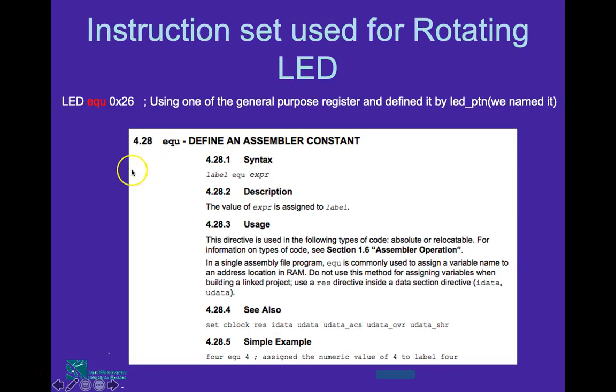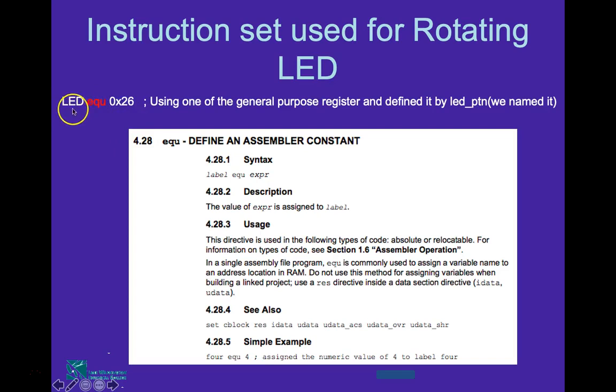Now the next thing is the register which I have used for my program. I have used a register at address 0x26, which is a general purpose register you can find in bank 0, and I have labeled this register using the EQU directive.